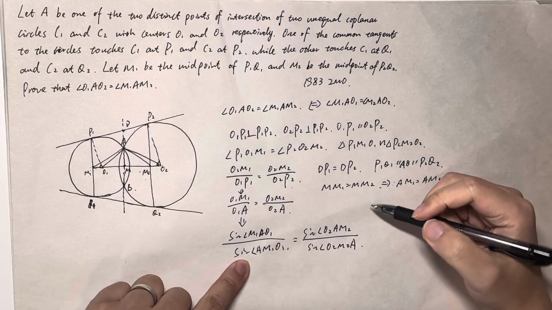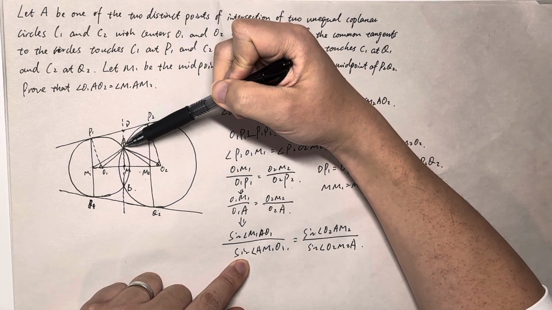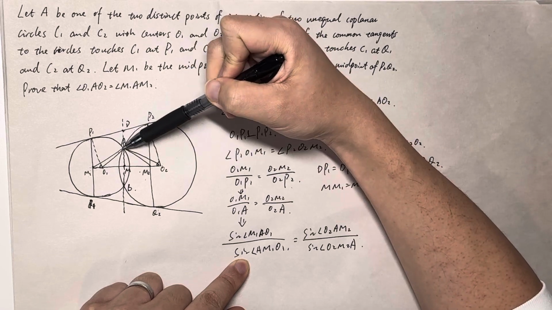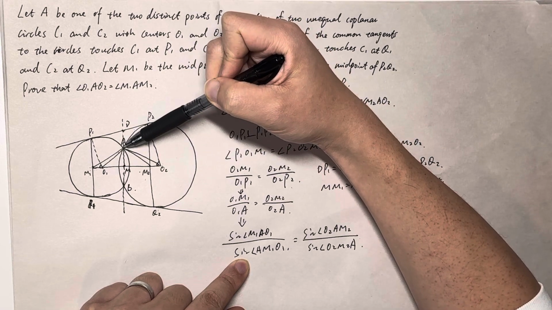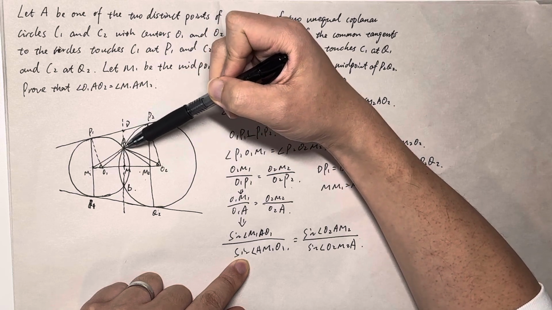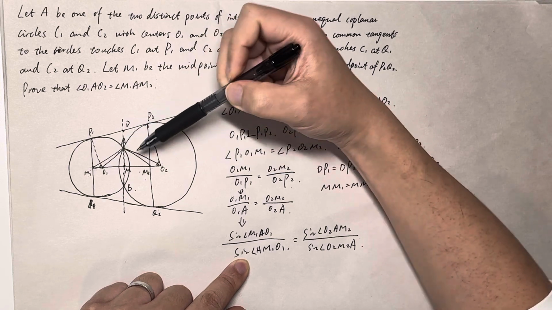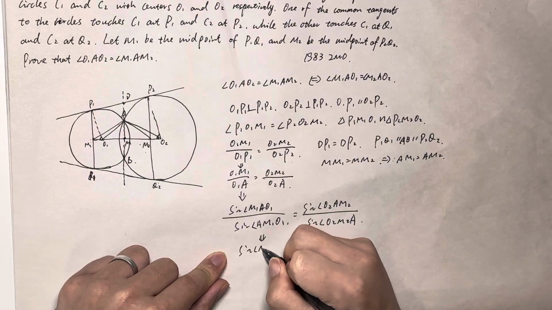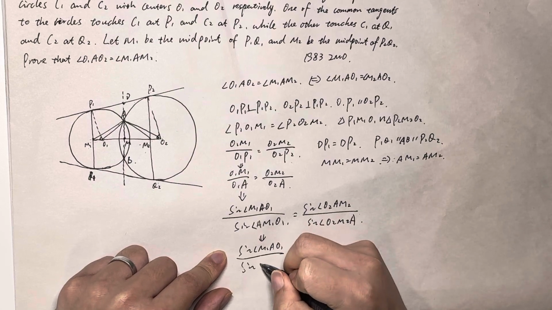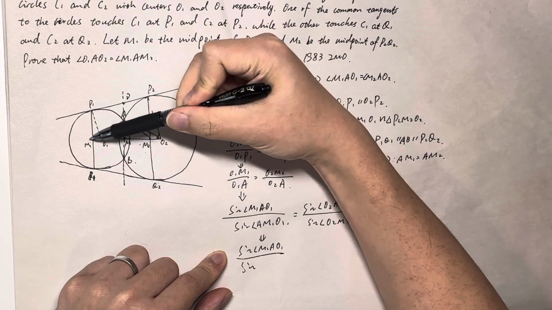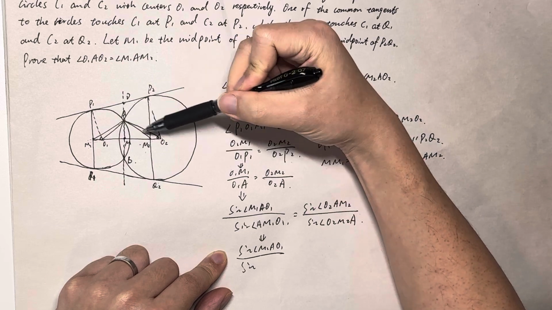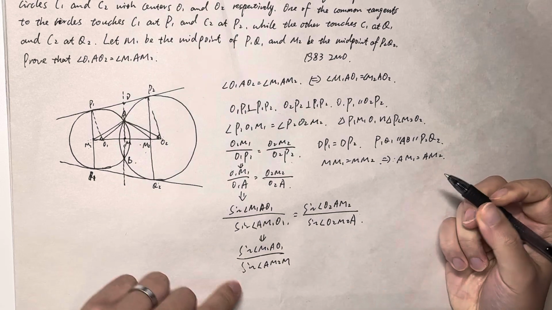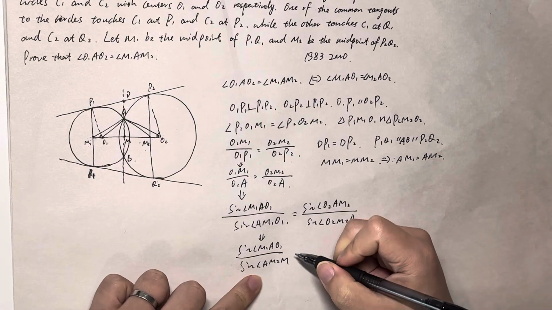Now look at angle AM1O1. Since AM1 equals AM2, we know that angle AM1O1 equals angle AM2M. So this can be rewritten as sine M1AO1 to sine AM1O1, which equals sine AM2M.